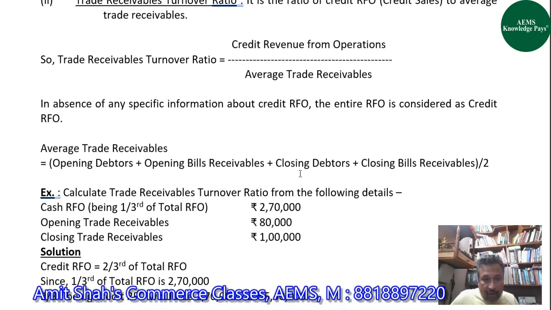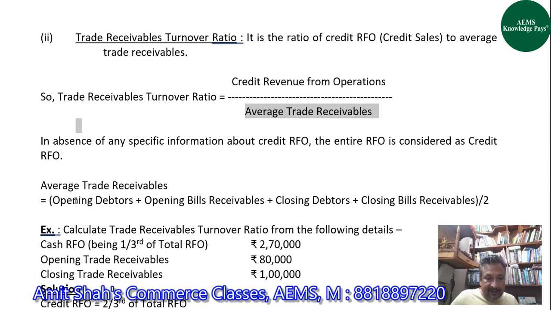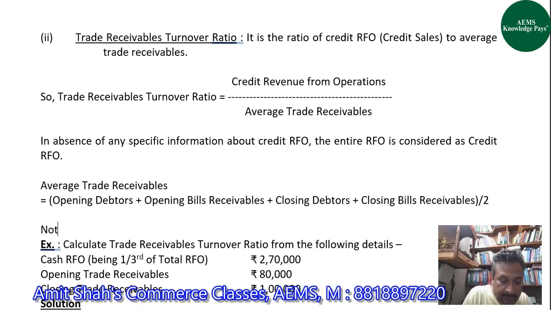Guys, one more thing I forgot to tell you here is that while calculating average trade receivables here, that is, while taking debtors here, we do not subtract any provision made against debtors. I'm adding it here, guys. You also please accommodate that in your notebooks.